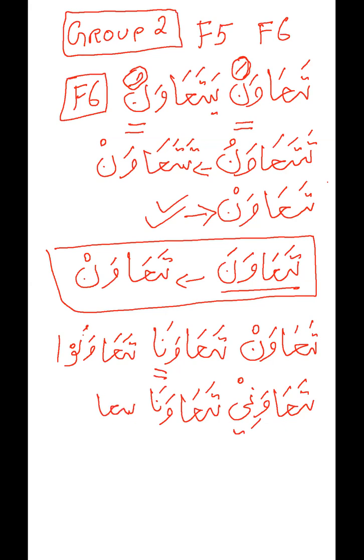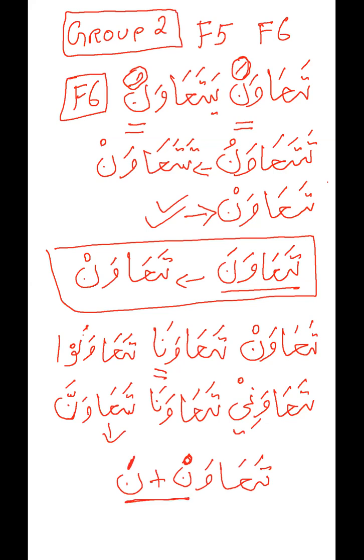تعاوننّ. Yes. So I'll write the word right now. What happens here is that you've got ta'awan, plus the extra noon with shadda, and then you have the noon of niswa with fatha. So this combination, remember we did that, two letters together, one is sakin and one is mutaharrik.